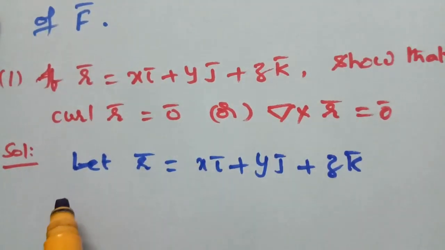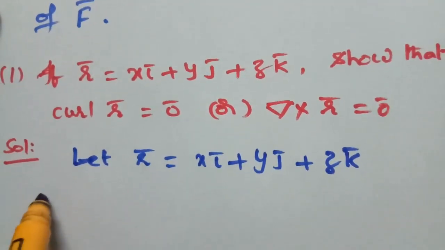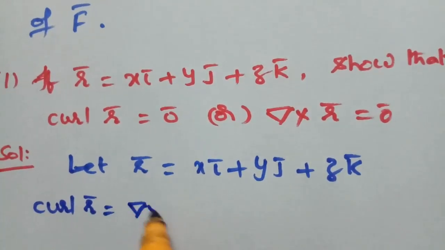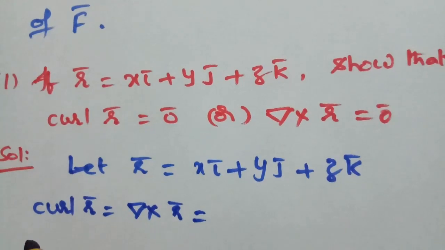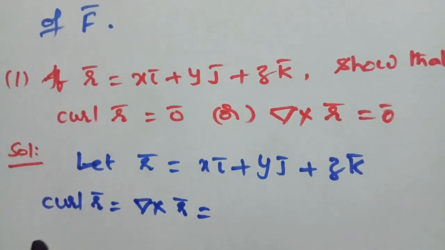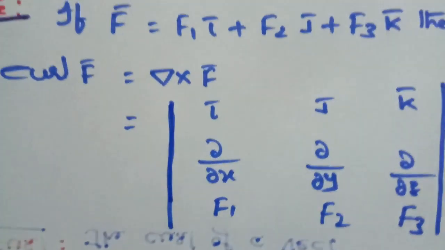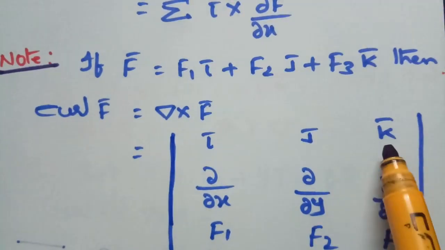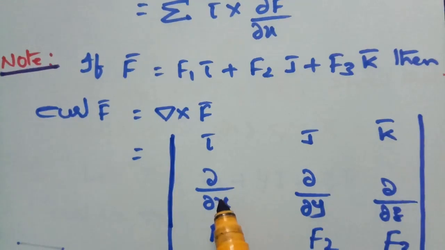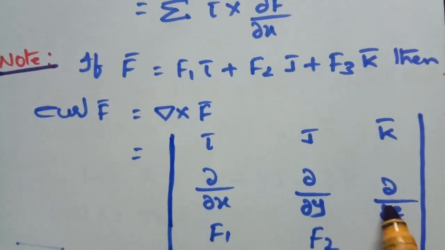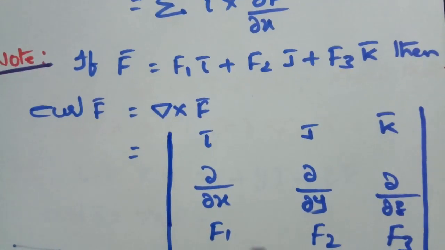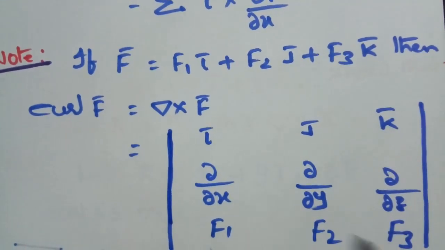Now we have to find curl r bar, or del cross r bar. I already explained the del cross f bar definition: determinant of i bar, j bar, k bar, components of i bar, j bar, k bar in del, and components of the vector f bar.